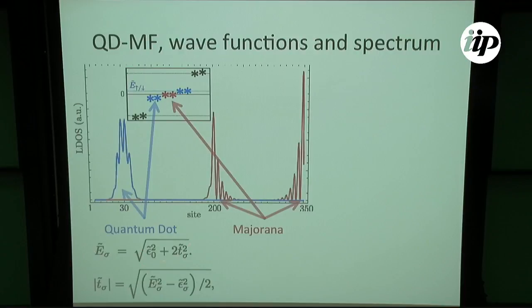The energy of the dot when the Majorana fermion is very far away from the dot is given by epsilon naught, and as it gets closer and closer, they start to couple together, and the energy of the two degenerate levels with the 0 energy Majorana is given by this, and from this quantity one can calculate the magnitude of the spin-dependent coupling.